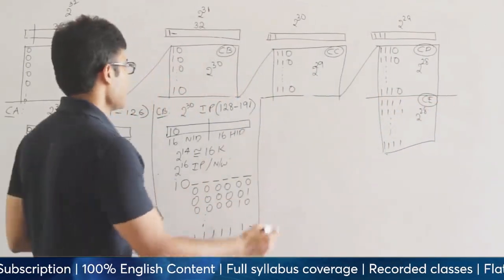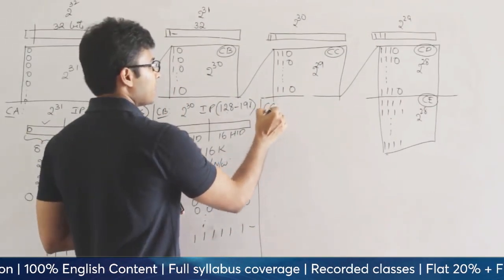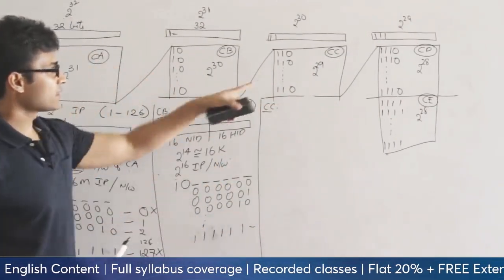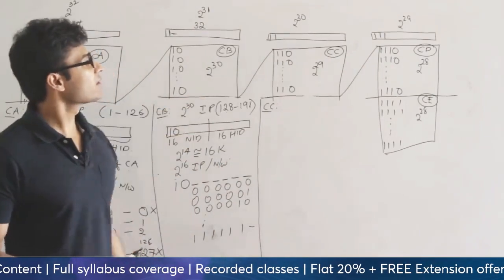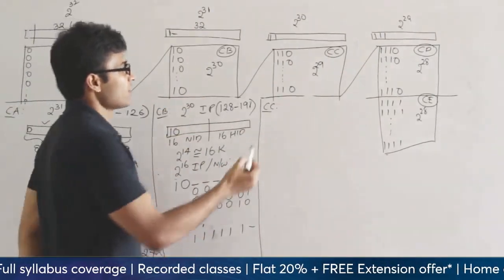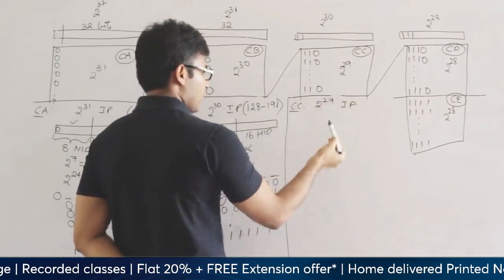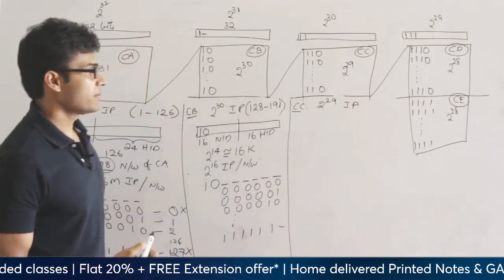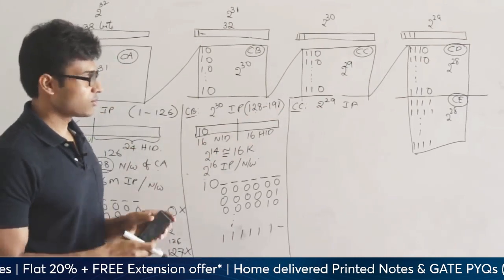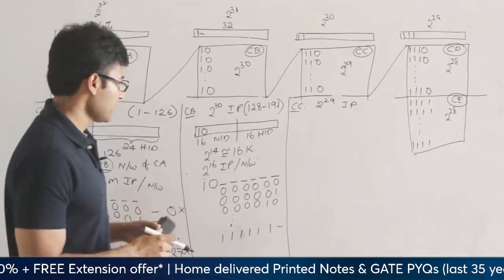In class C again, you can clearly see that the total number of IP addresses is 2 power 29. Now we are going to take these 2 power 29 IP addresses and divide them into networks and hosts, right?